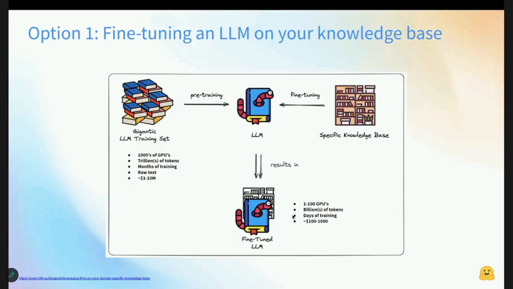And this is on the order of 1 to 100 GPUs, billions of tokens roughly. It can be measured in hours to days of training and is a lot more accessible from a cost standpoint, thousands of dollars maybe.